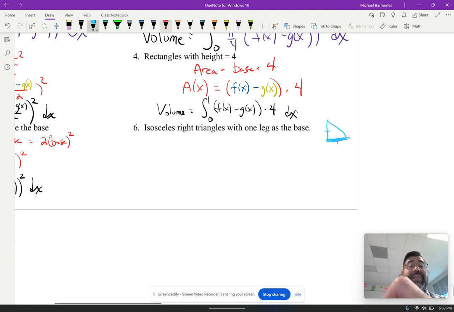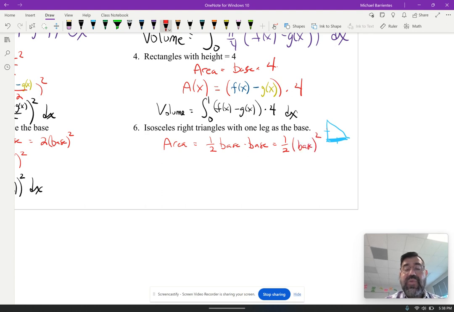So therefore, the area of an isosceles triangle is 1/2 base times height, except the height, because it's a leg, is the same size as this leg. So I can just erase this and say 1/2 base times base, which is 1/2 base squared.